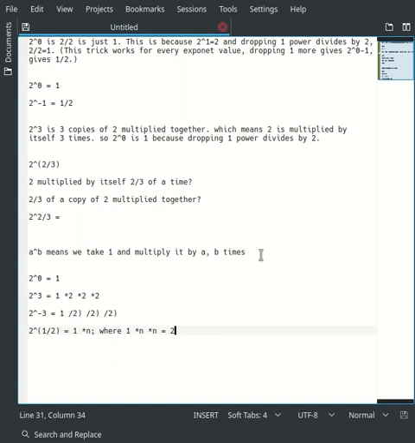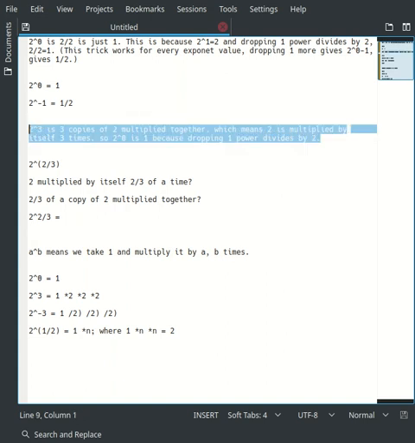with one simple sentence, that a to the b means we take 1, multiply it by a b times. That one sentence explains more than all of this other stuff that people say.